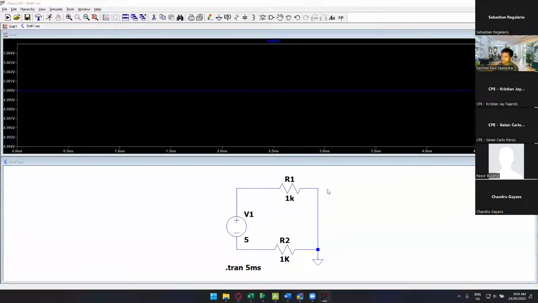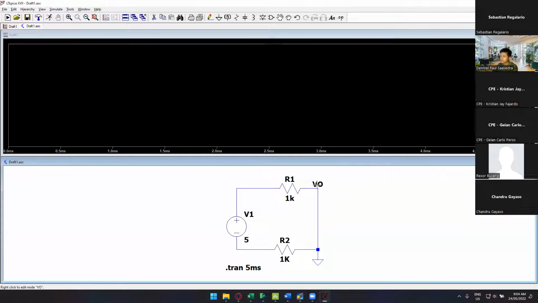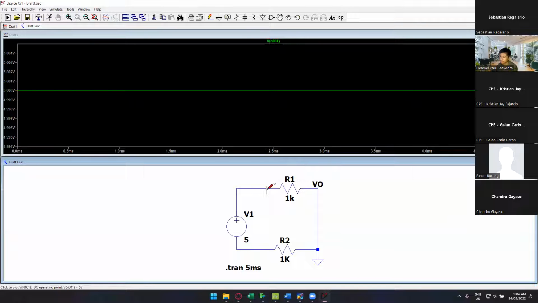Let's try. We can only measure the voltage output of the entire circuit right here.